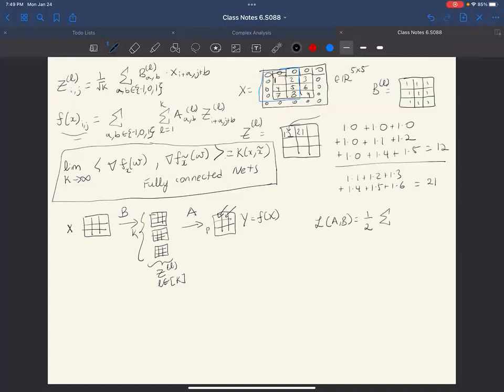If I have a general p by q image, I'm going to sum over all the coordinates i equals 1 to p, j equals 1 to q, of the norm squared of y ij minus f of x ij. And this is my standard mean squared error. Let me actually just move this over, give myself some room.